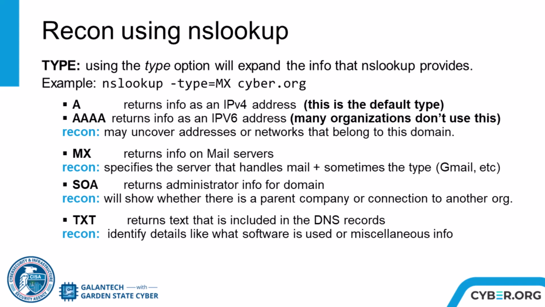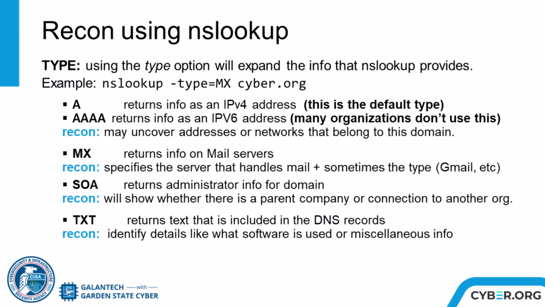AAAA, 4 A's, will return information as an IPv6 address. However, many organizations don't use this type of address. An interesting piece of reconnaissance you will find with this search could be other addresses or networks that belong to this domain. MX will return information on mail servers and specifies the server that handles the mail.